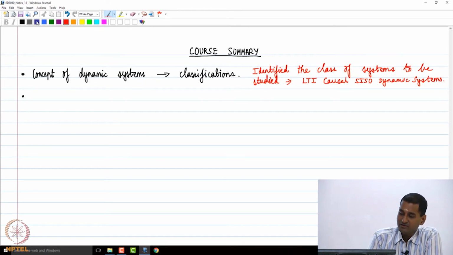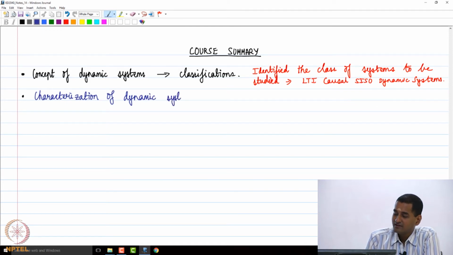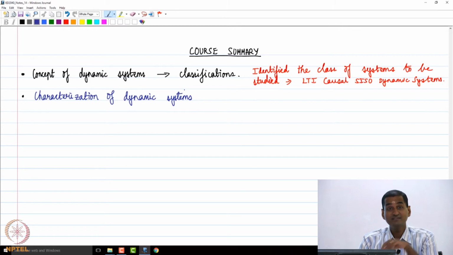Then we looked at characterization of dynamic systems using mathematical models. That's what we learned next, how one can use models to characterize. And then we also learned what is the typical class of models that we will use. If you remember, lumped parameter or spatially homogeneous, dynamic, continuous time, deterministic models, that's the class of models we essentially used.